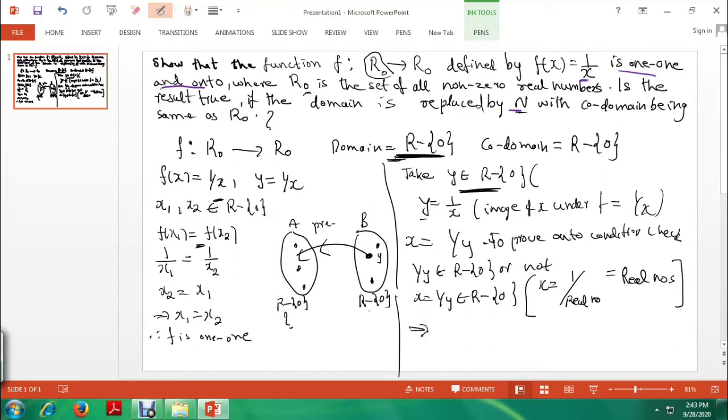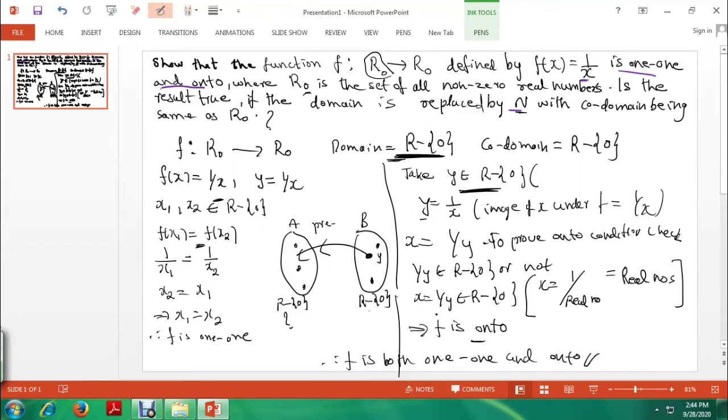This implies your function f is onto. Okay, for any element y, general element y, you are finding pre-image in the set A. So if pre-image is there, that time we say that function is onto. Okay, therefore f is both one-one and onto.